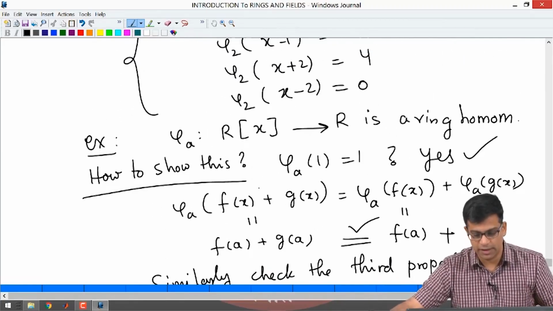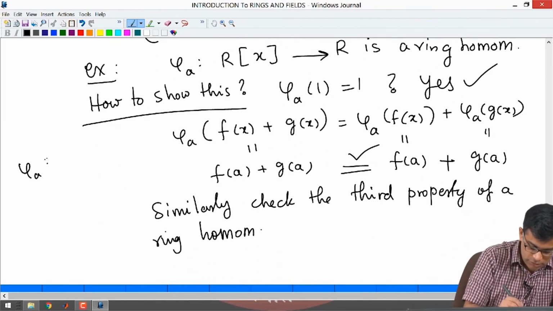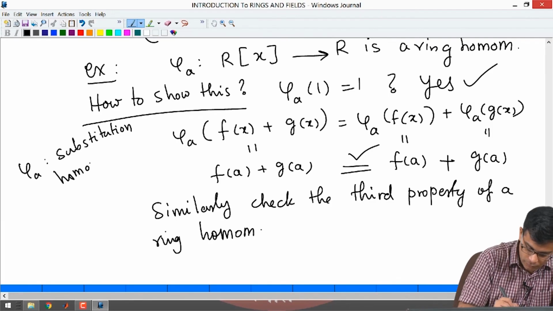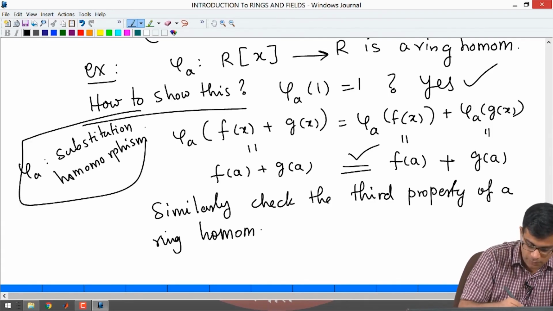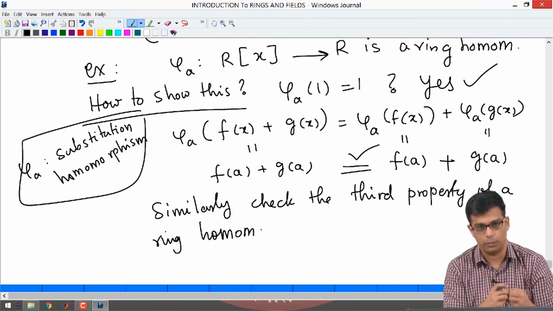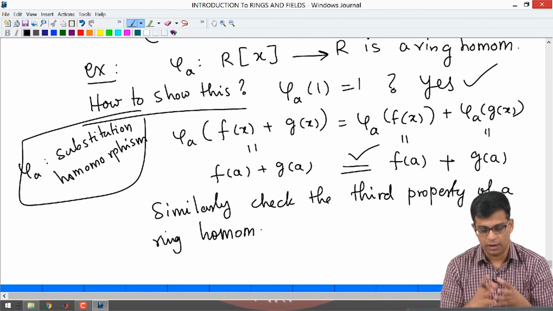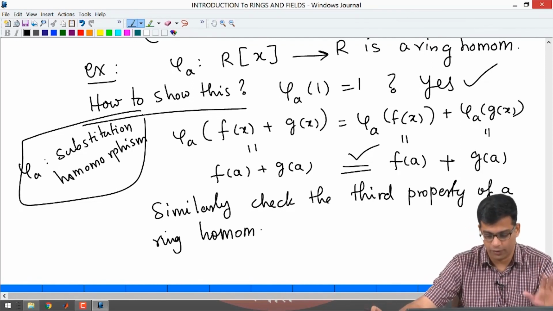So, this is an important ring homomorphism for us. This is called the substitution map, because that is what it is. So, phi a is called the substitution homomorphism and it is an important homomorphism for us. It is a way of going from a polynomial ring to the underlying base ring, by substituting a specific value for every x.